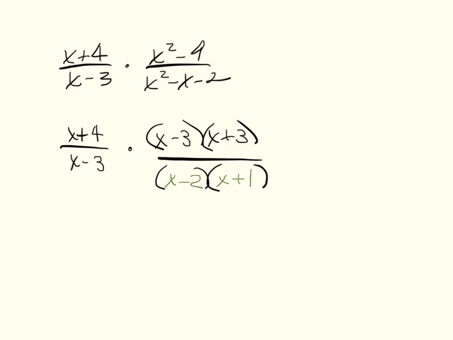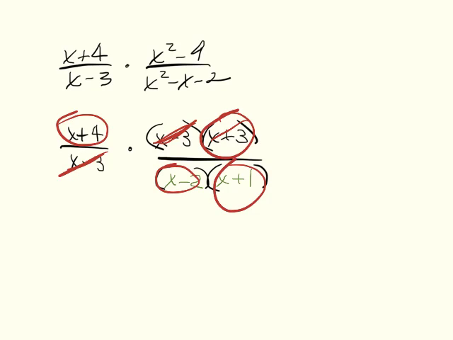Alright, so that allows me to cancel, and I'll do this in red, I'm sorry, the wrong one there. It should be this one and this one, leaving me with x plus 4 and x plus 3 on top, x minus 2 and x plus 1 on the bottom. And that's all you're going to do.